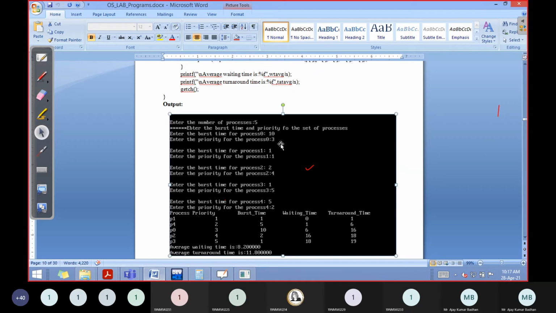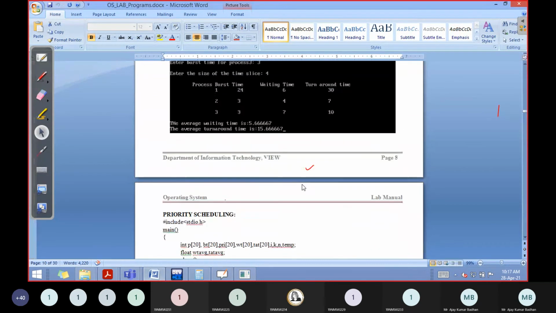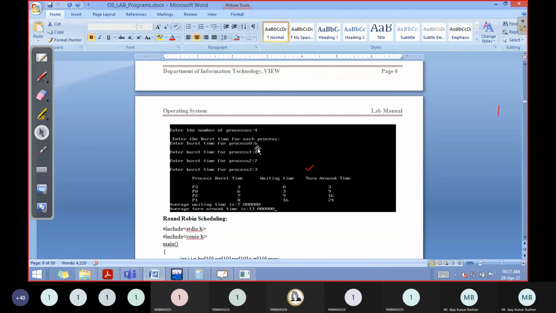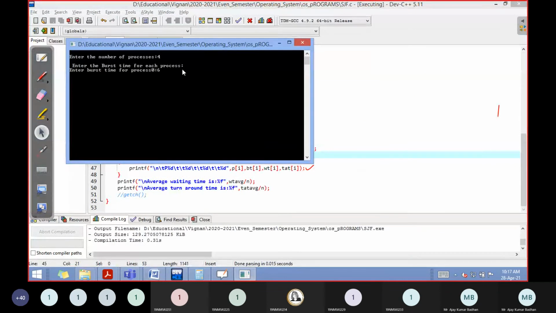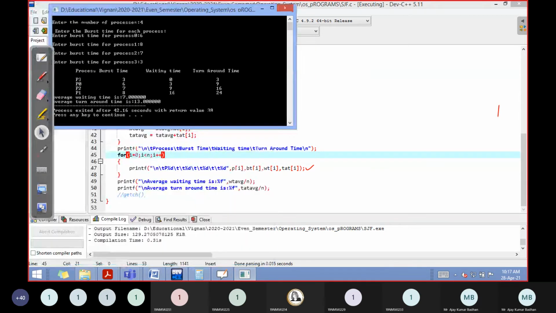This is the priority. So I gave 6, 8, 7, 3. Enter the burst time of the process: 6, 8, 7, 3. Let me expand it so that you can get a clear idea here.